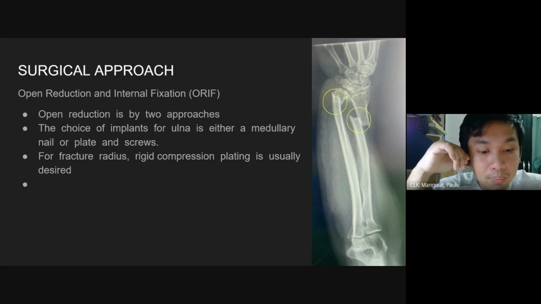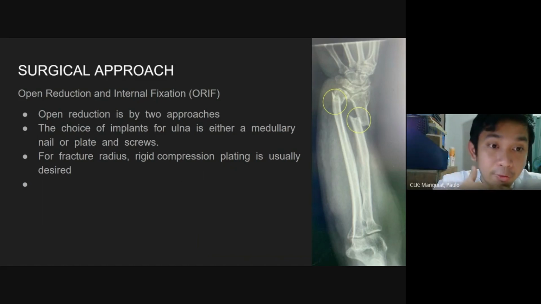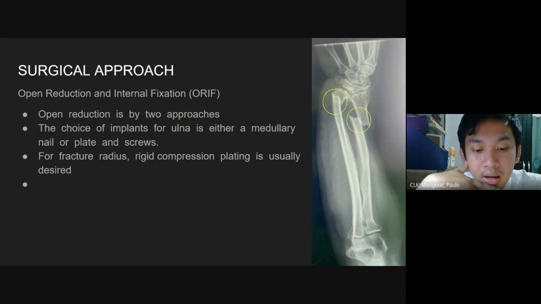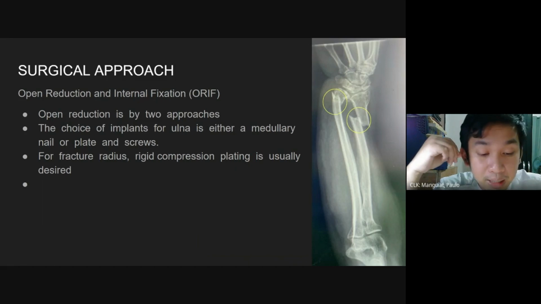Open reduction is usually done by two approaches, one for the radius and the other for the ulna. The choice of implants for the ulna is either an intramedullary nail or plate and screws, but for fracture of the radius, rigid compression plating is usually desired.